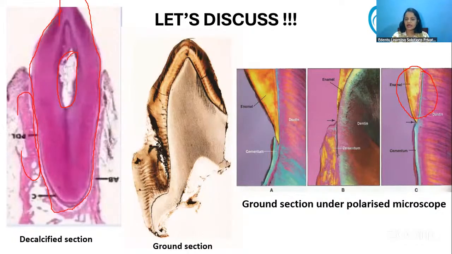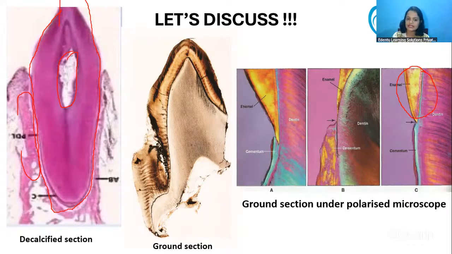Take this ground section and look at it under the polarized light of the microscope. This is important. When you look at a ground section under the polarized light of the microscope, you will be able to see such shining structures. The enamel will shine like this.